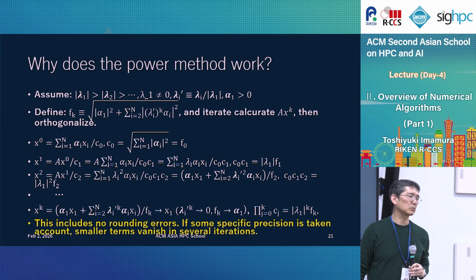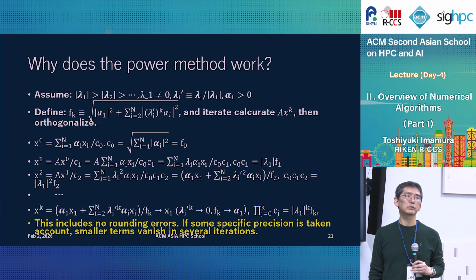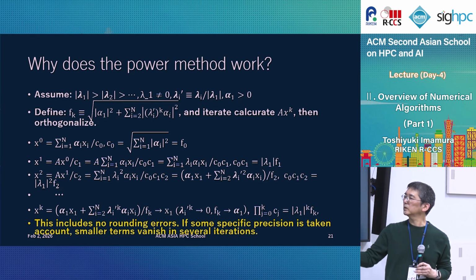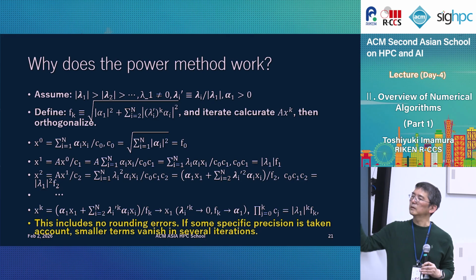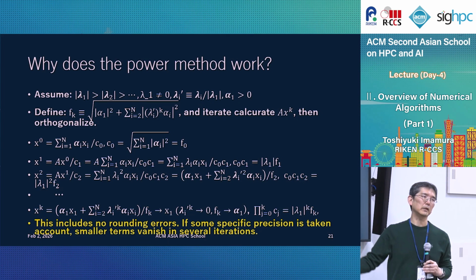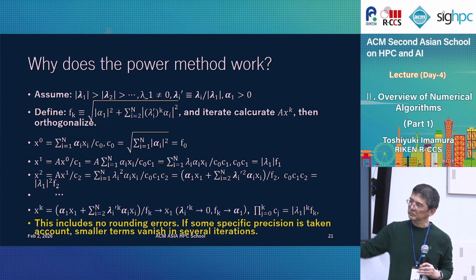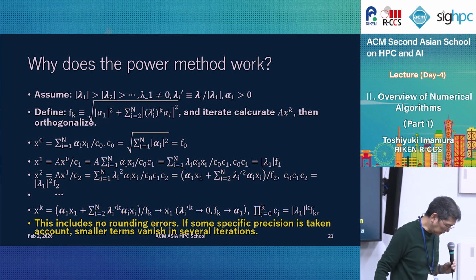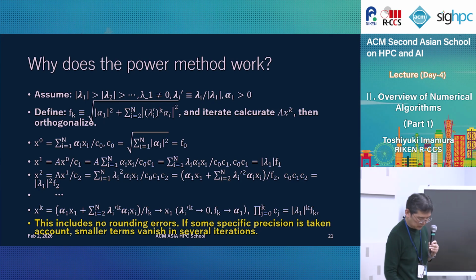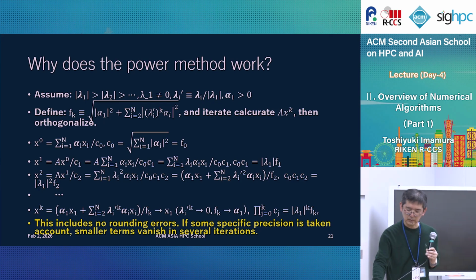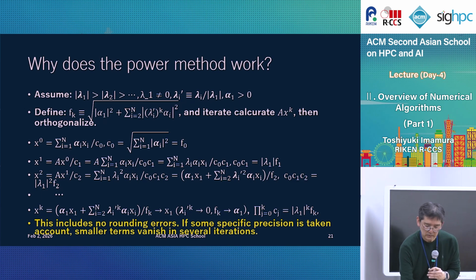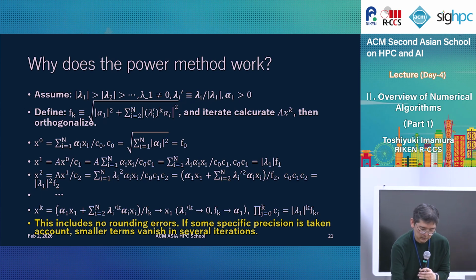So it converges to x1, and that's how we obtain a certain vector. If we compute some ratio, it is associated with the largest eigenvalue. So this is a very brief story of why the power method is utilized for finding the largest eigenvalue.